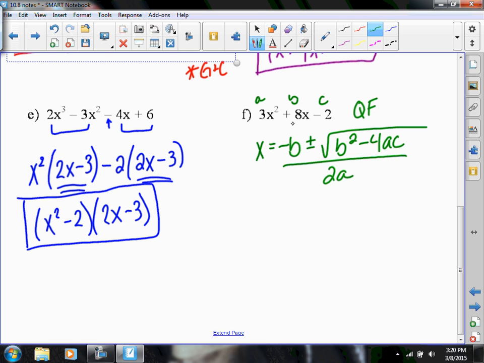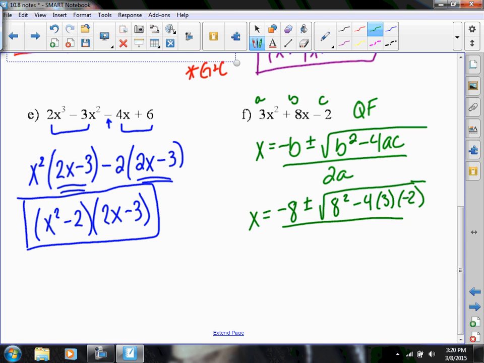So you do want to make sure they're in descending order, and for this problem they were already in descending order. So then I have opposite b plus or minus the square root of b squared minus 4 times a times c, so take the negative with the 2, all divided by 2a.